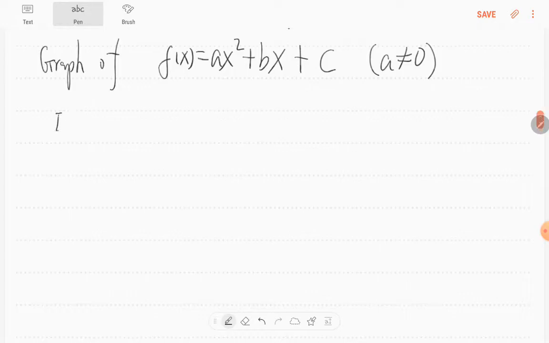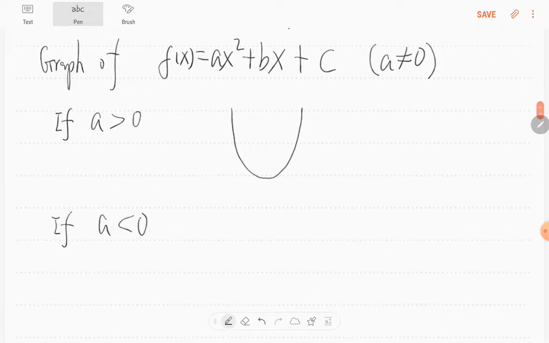If a is greater than 0, then the parabola will open up. If a is less than 0, the parabola will open down. So this is the typical shape for the quadratic function. It's a parabola shape. Okay.